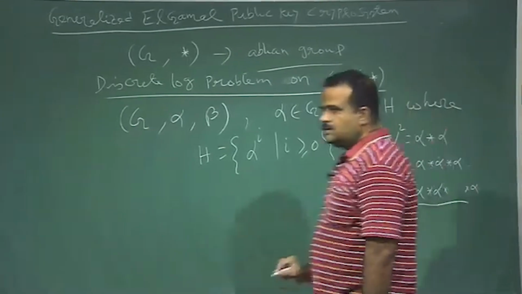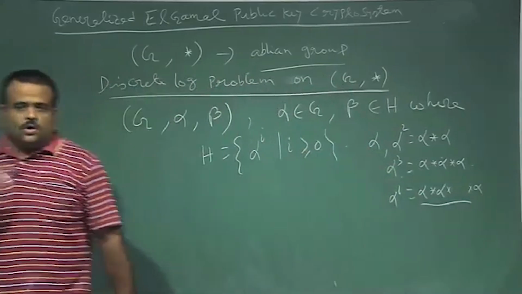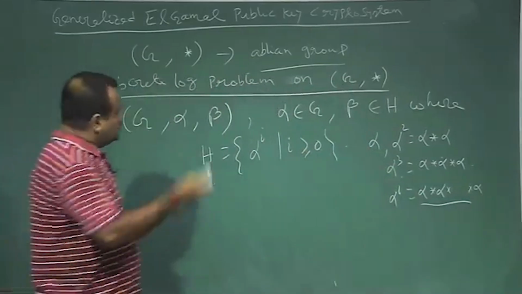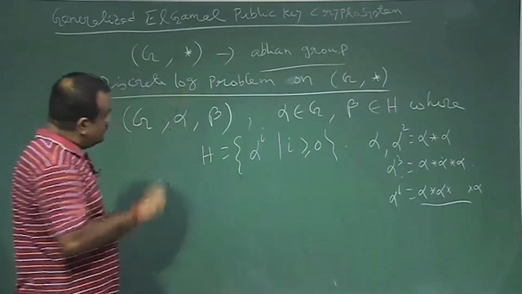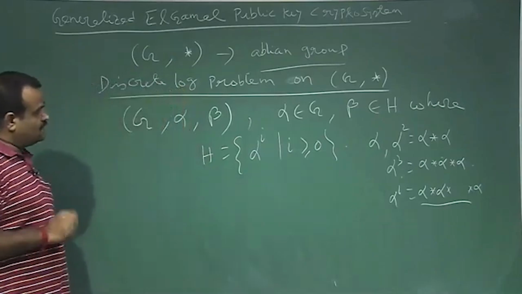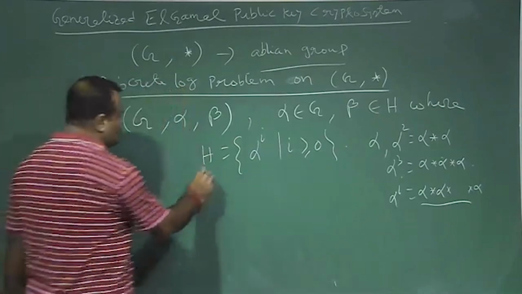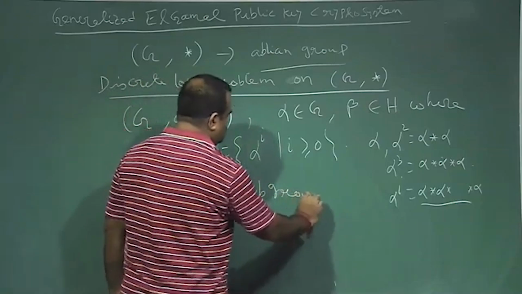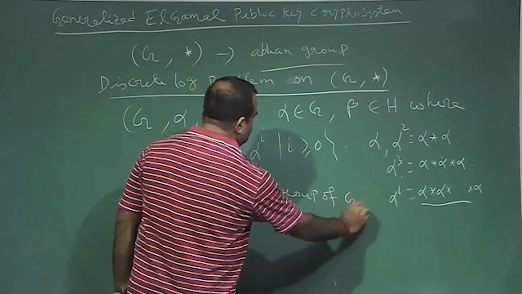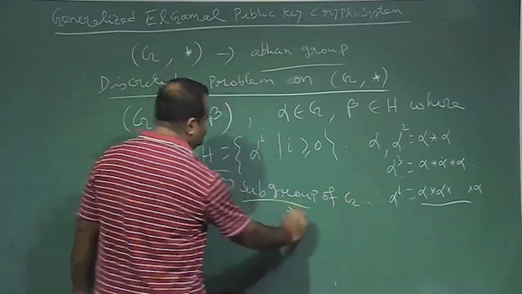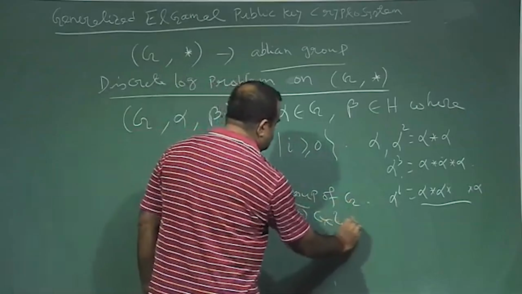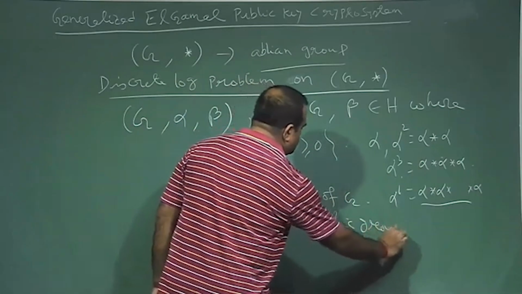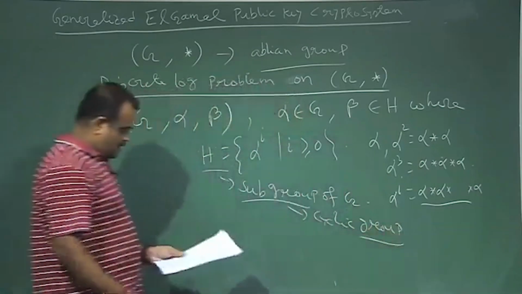This is the subgroup generated by alpha, and it is a cyclic group. This H is a subgroup of G, and this subgroup is a cyclic group.